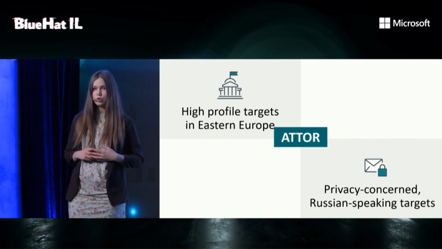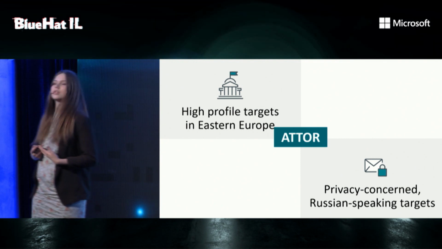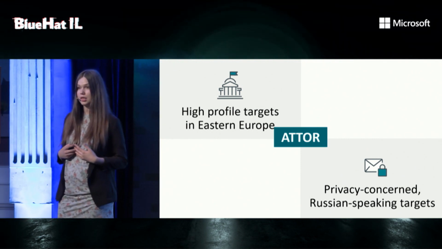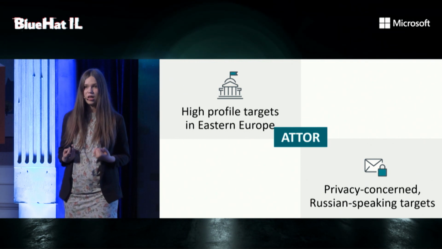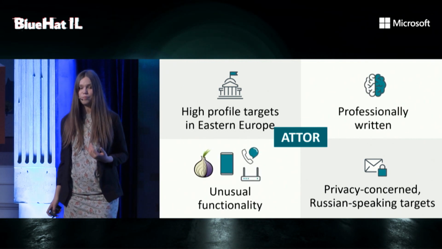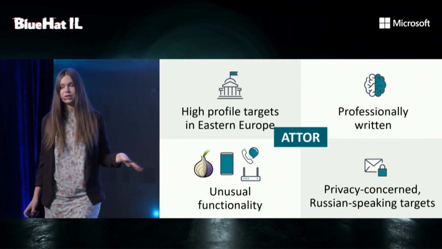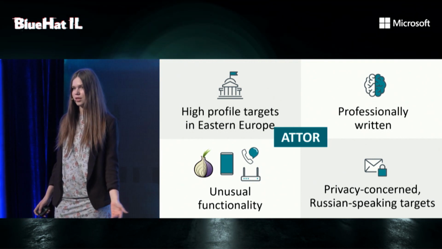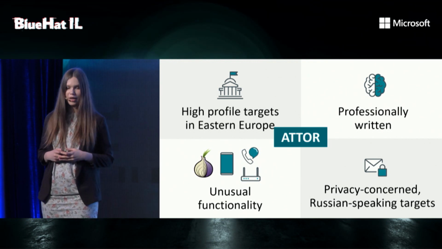It's individual privacy-concerned users that are Russian-speaking, but also it targets high-profile users in Eastern Europe. And we don't know who is behind this malware, but judging from the technical complexity and the unusual functionality, we certainly know that substantial resources must have been invested into development of this malware. So it's worth further tracking.